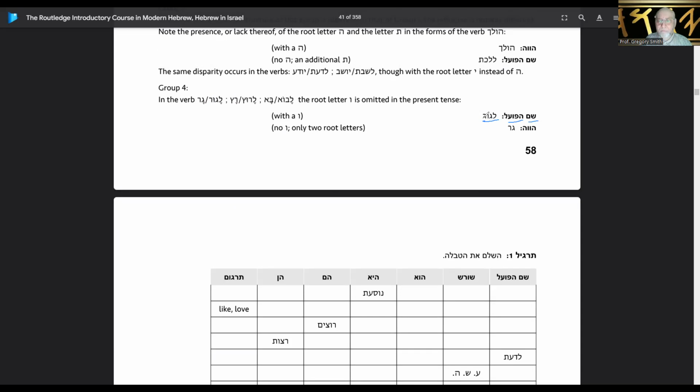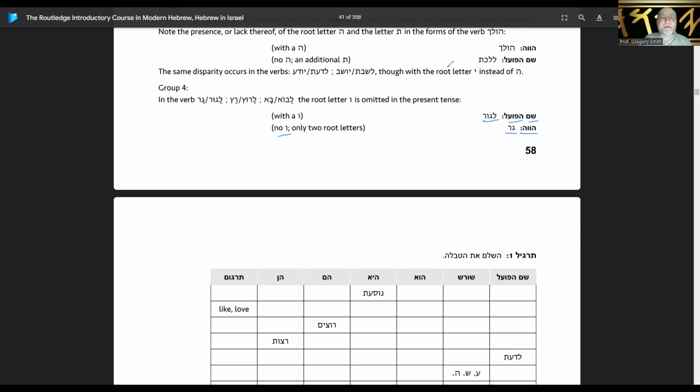Right. לגור, to dwell, to reside, with a vav. No vav, only a two-letter root, so the vav drops out. In the present tense form, we just have gar, which means he is dwelling. Okay, so that covers the instruction part.